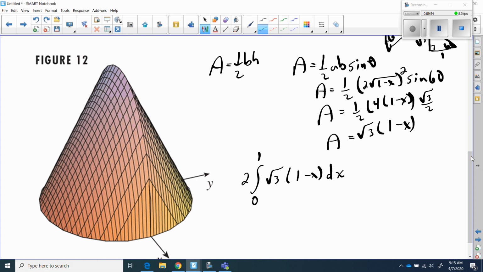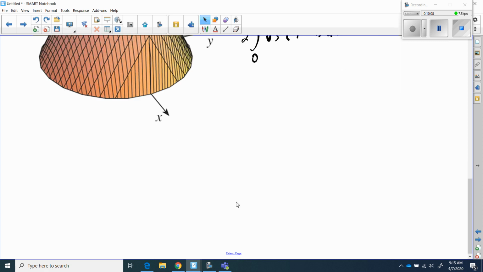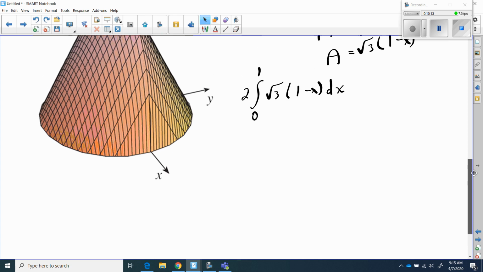So if I want to continue with that integral, let's have a look here. Anytime I have constants, I always try to get those all gathered together and moved out front.